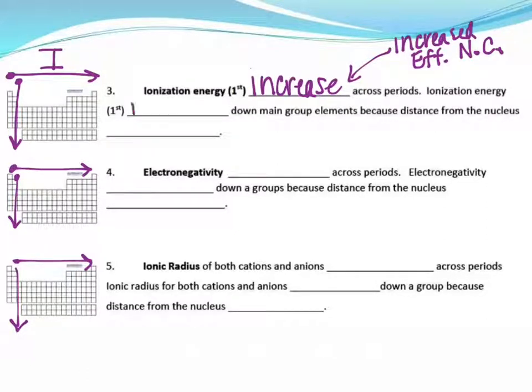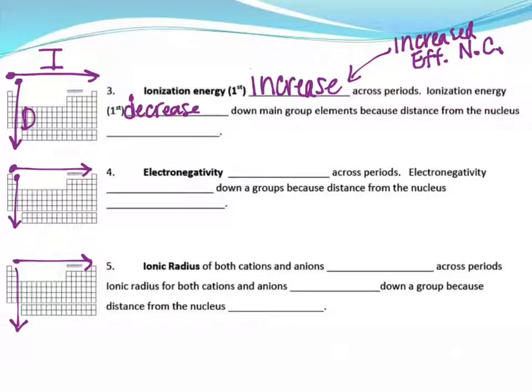So it is going to decrease down a group. The energy decreases down a group. So the easiest one to steal an electron from is Fat Frank. The hardest one, besides the noble gases, is fluorine. It's going to take lots of energy to steal that first electron away.